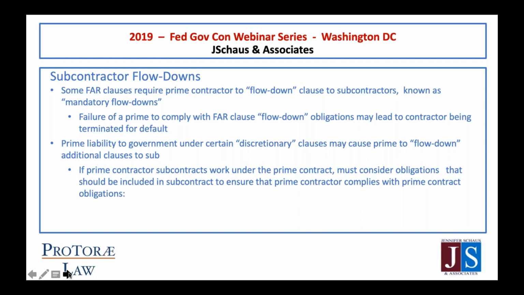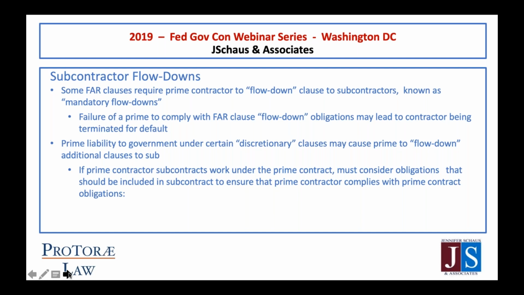And in some ways, it's very easy for the prime contractor because many of the prime contract clauses that have to be flowed down to a subcontractor expressly state in the last paragraph of that clause that the prime contractor must include substantially similar language in any subcontract that it lets or awards in the procurement.